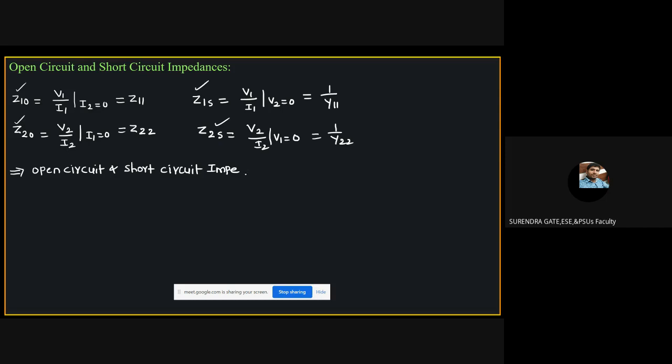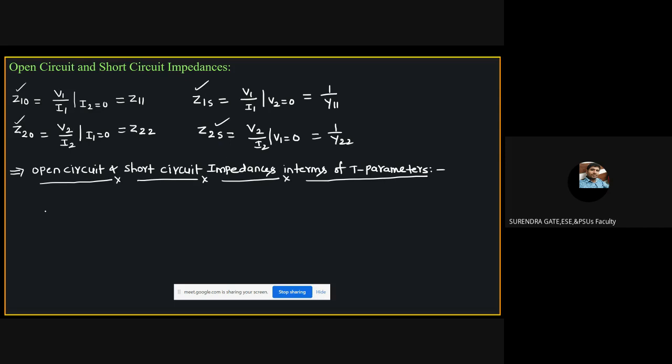Open circuit means currents are 0. What are the open circuit and short circuit impedances in terms of T parameters?